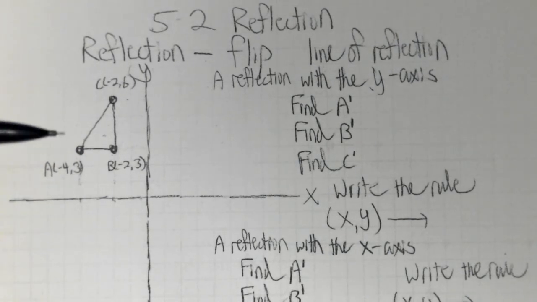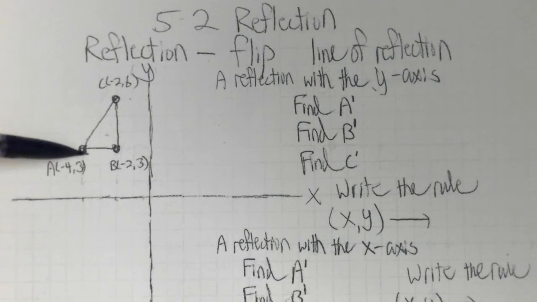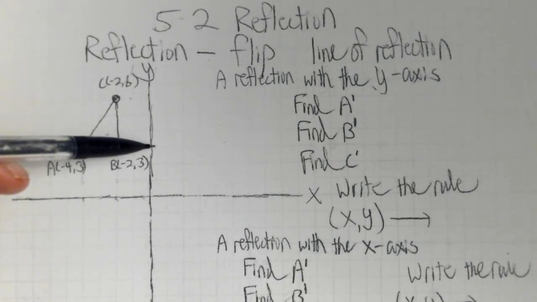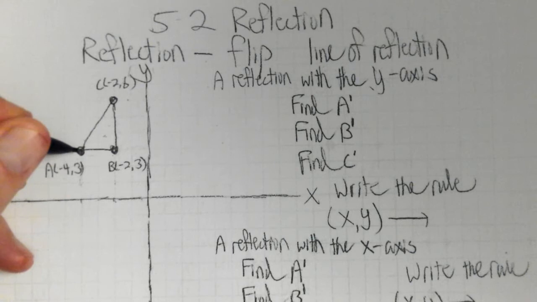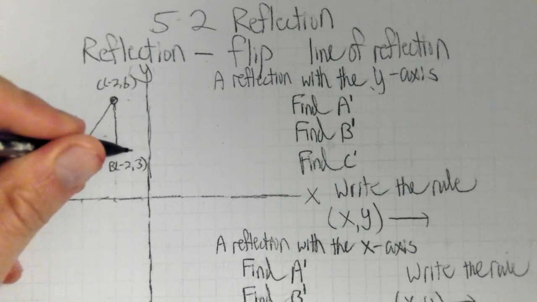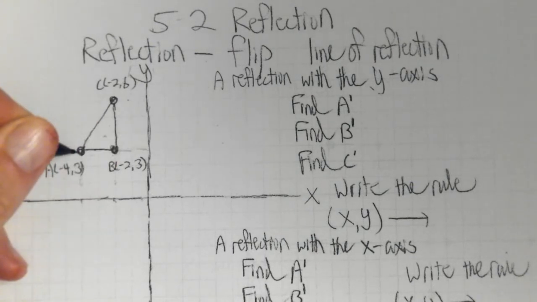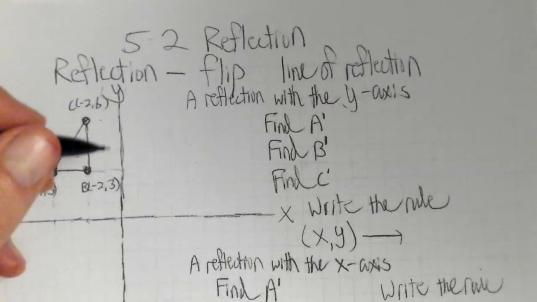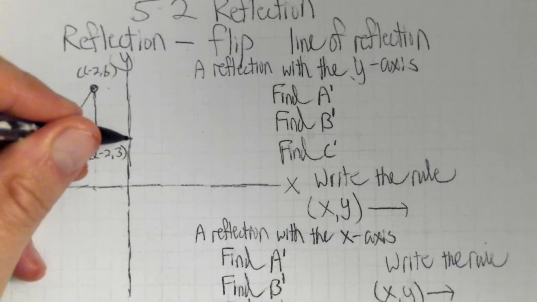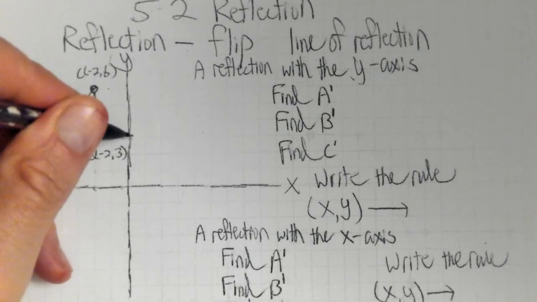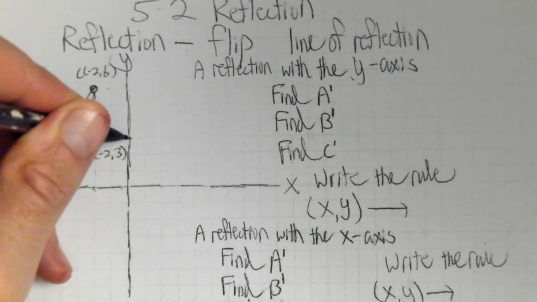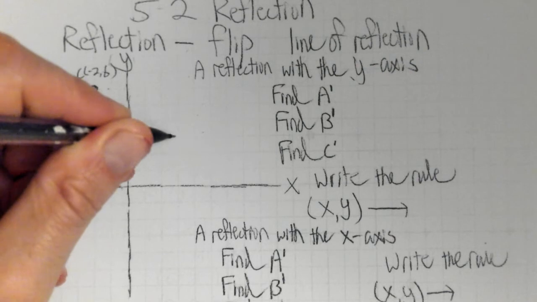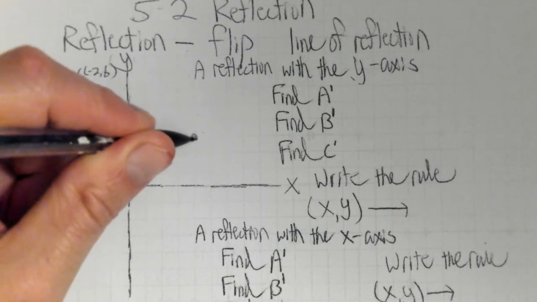We need to figure out how many spaces point A is away from the line of reflection. Let's count it. It's 1, 2, 3, and 4. So A is 4 spaces away from the line of reflection. What that means is the prime point, or the reflection of A, is also going to be 4 in the other direction. 1, 2, 3, and 4.